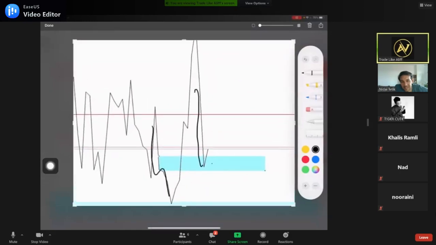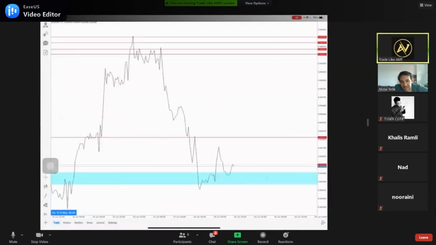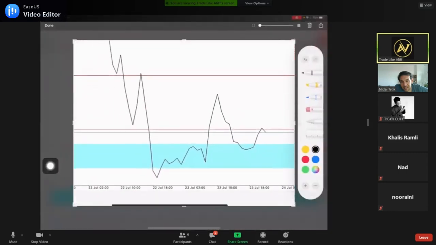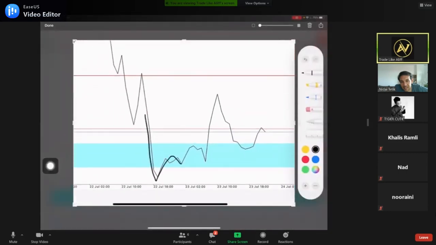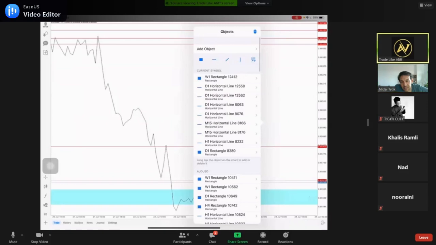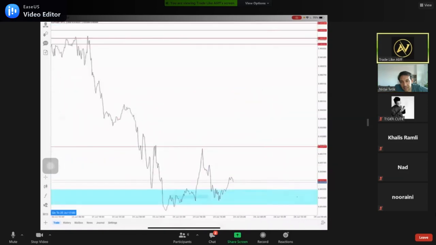Because this is a valid support. So we see here, it went inside the support. It made another breakout. Wait for it. Don't push. Wait for the breakout to happen.